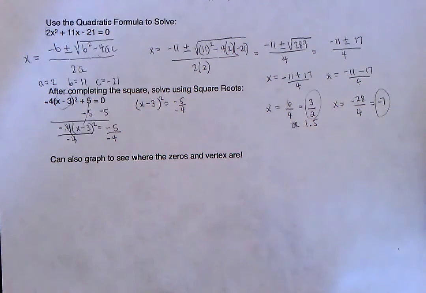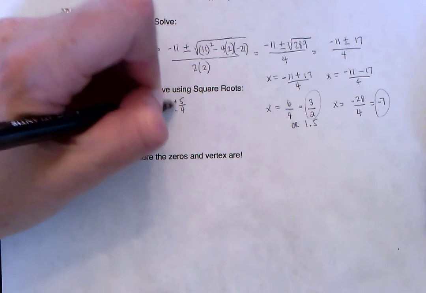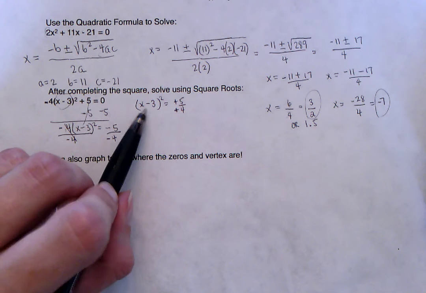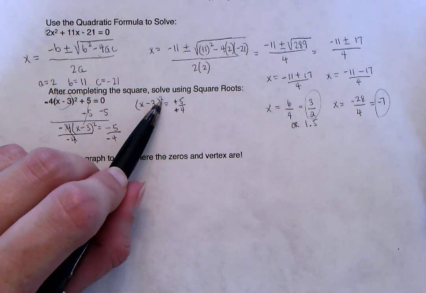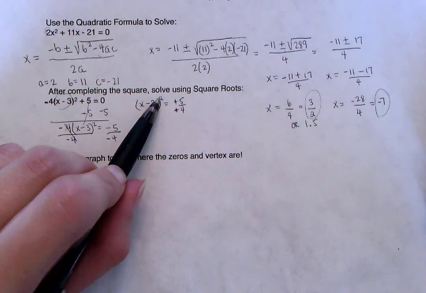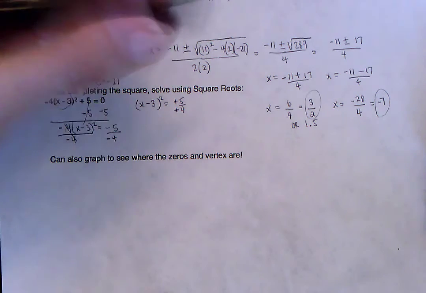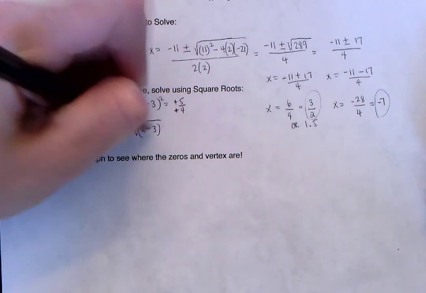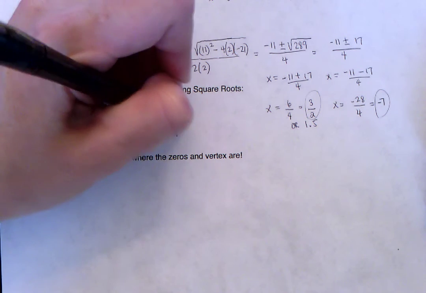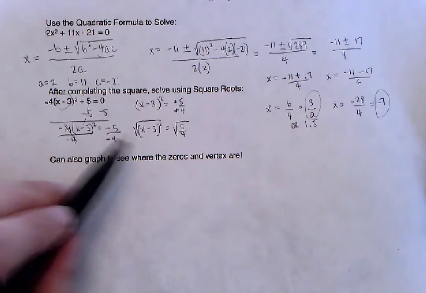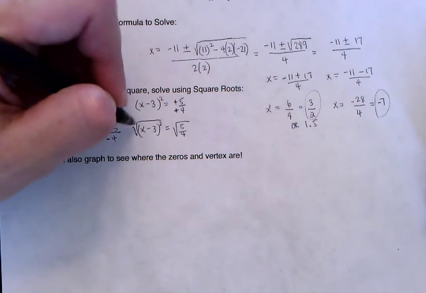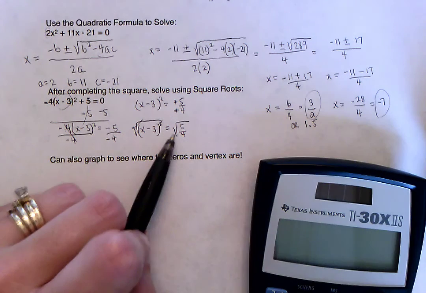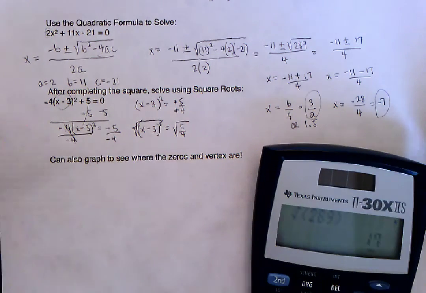So now, if I have positive 5/4, okay, when I'm solving this, the next thing I want to do to get rid of the squared thing here is take the square root. So I just square root both sides. I'm going to square root the 5/4, and the square root undoes the square. Now, anytime you have a square root, you're going to have a plus or minus.